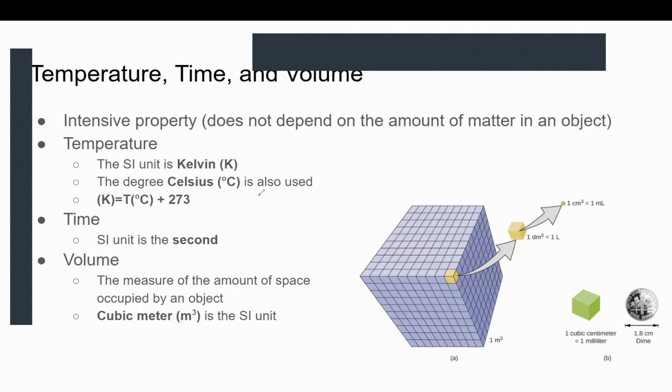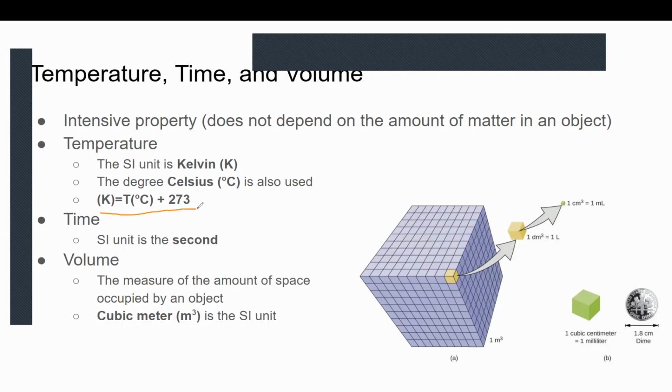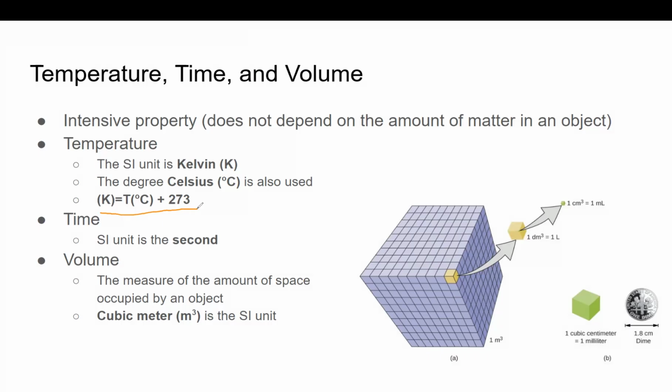But sometimes it's necessary to convert kelvins into degrees Celsius or degrees Celsius into kelvins. So say we have something at 25 degrees Celsius. That's basically room temperature. And we want to find out how many kelvins it is. All you're going to do is add 273. So 25 degrees Celsius plus 273 equals 298 Kelvin.